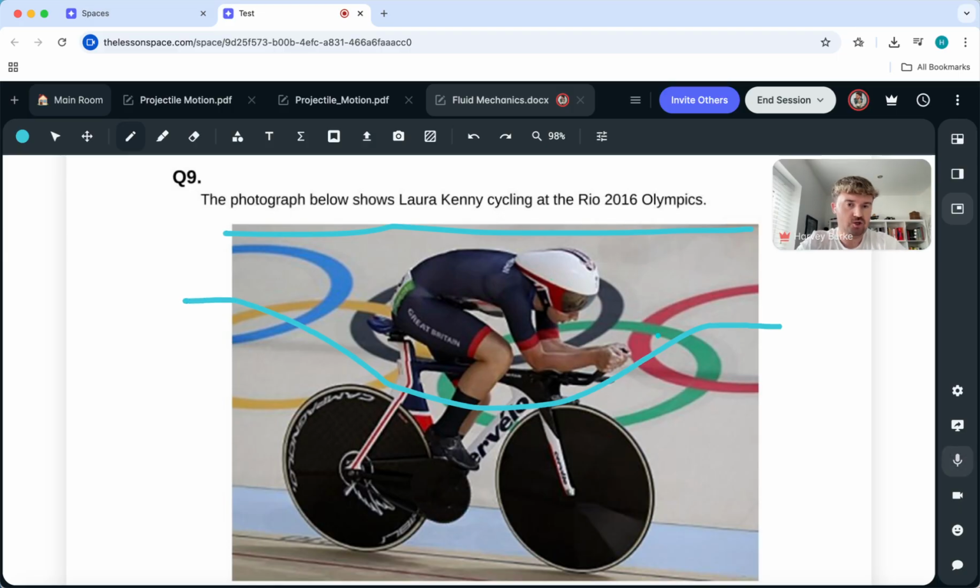So the air being channeled underneath is traveling a greater distance at a faster velocity and a lower pressure, whereas the air above is traveling less distance, so it's traveling at a slower velocity but a higher pressure. So this time you've got high pressure above, low pressure below, and that creates a downforce on the cyclist. And that is good because that will then increase the amount of friction between the wheel and the track so they can generate more speed.